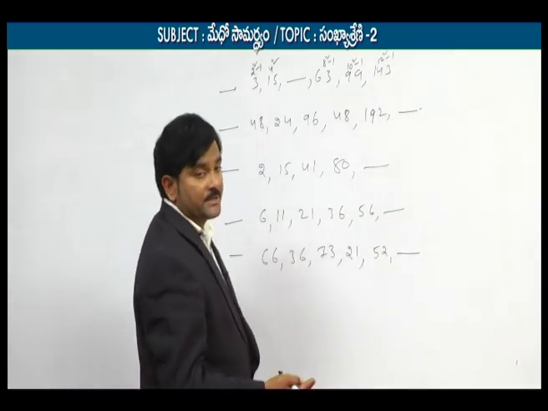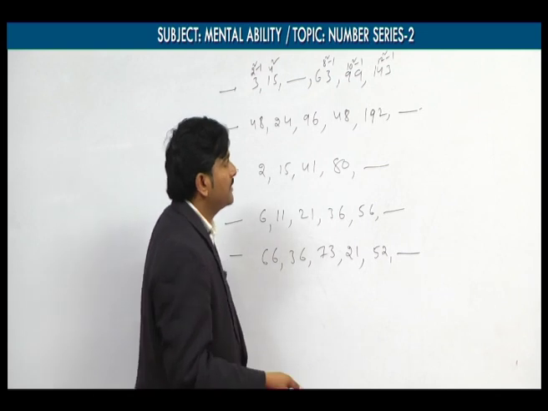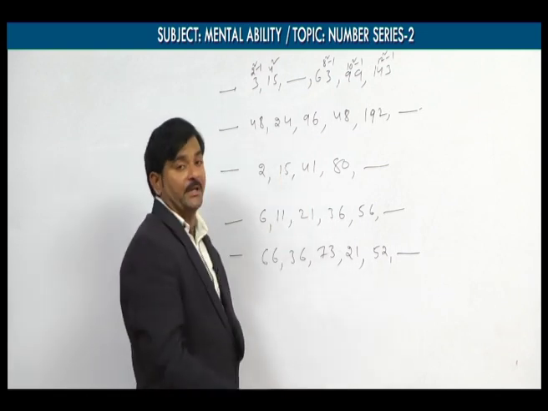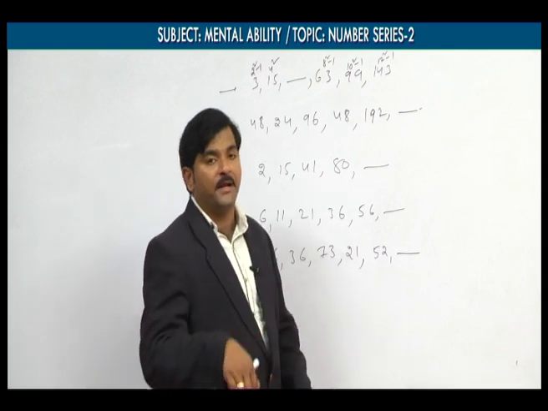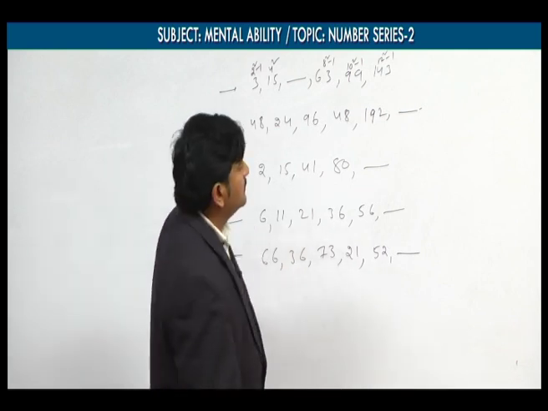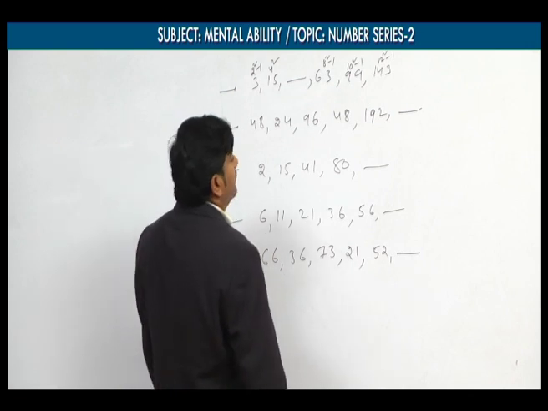What does it mean? He is taking only even numbers, squaring the even number and subtracting 1. That is the concept involved in this problem.